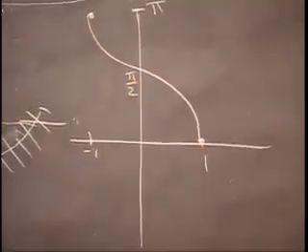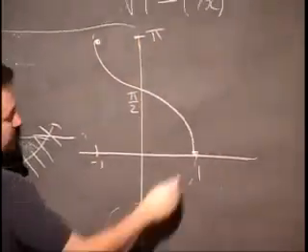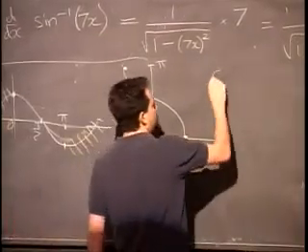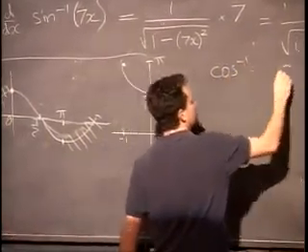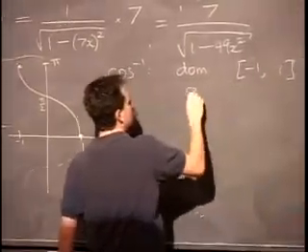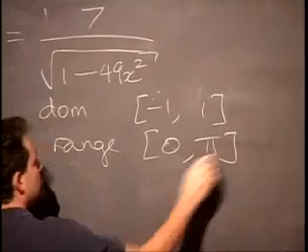If you look at that, it's just cosine tipped on its side. But we've changed where we've restricted it. So in fact, for inverse cosine, the domain is again minus 1 to 1, but this time the range is 0 to pi. It's a little bit different.